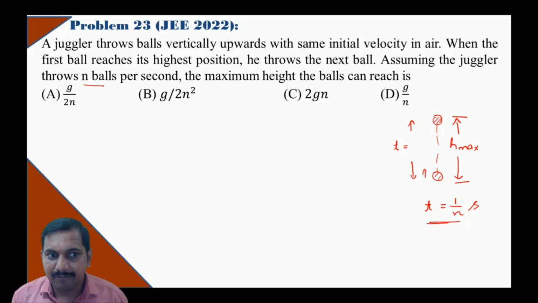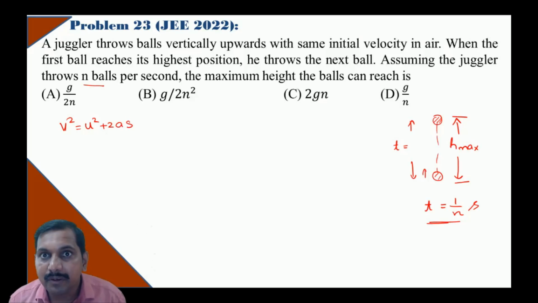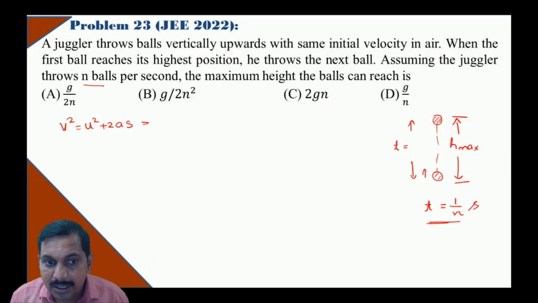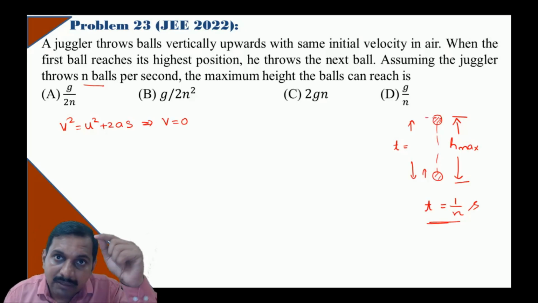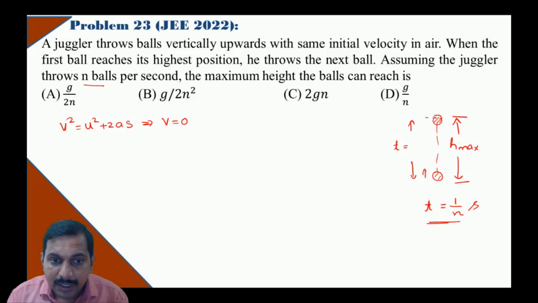Now let us understand. First of all, we will use the kinematic equation v square is equal to u square plus 2as. Here v is equal to 0 because when it reaches the maximum height, the velocity becomes 0. The initial velocity is u. Time is not required here.